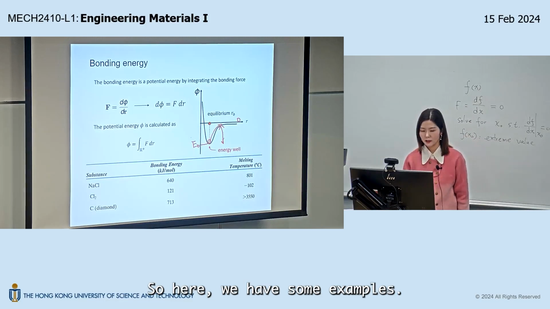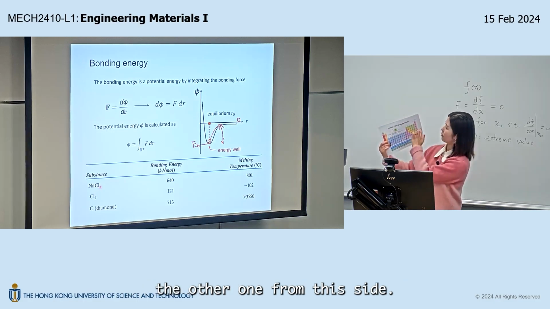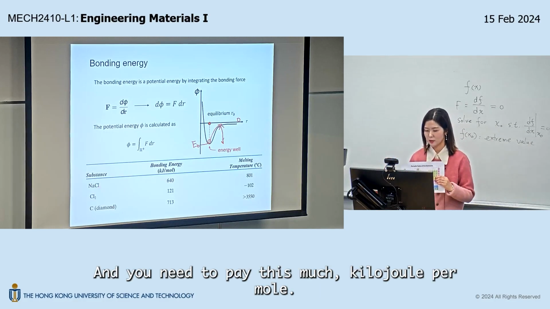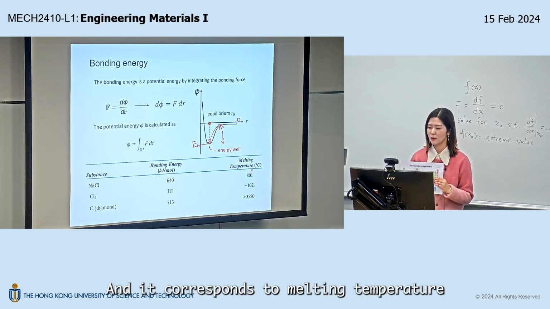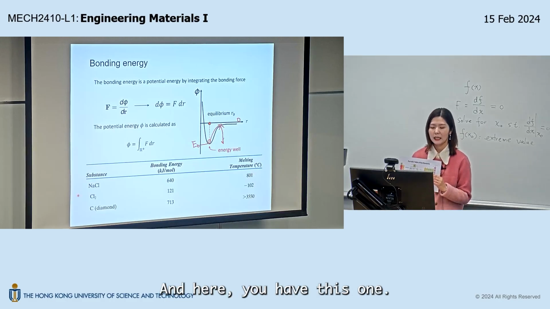Okay, so here we have some examples. We have sodium chloride, one from this side, the other from this side. They can form a compound, and you need to pay this much, kilojoule per mole, okay? And that corresponds to a melting temperature around 800 Celsius. And here you have this one.